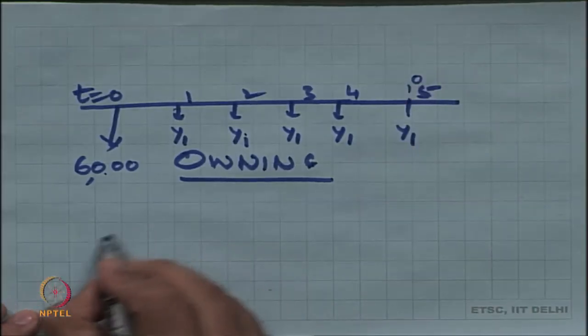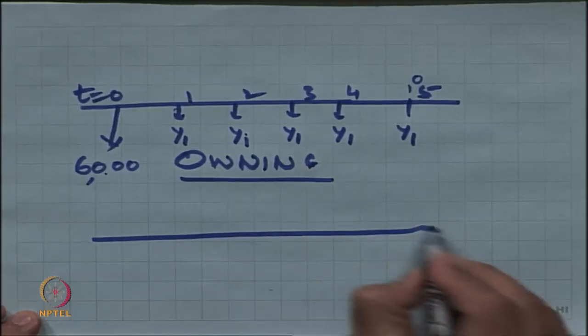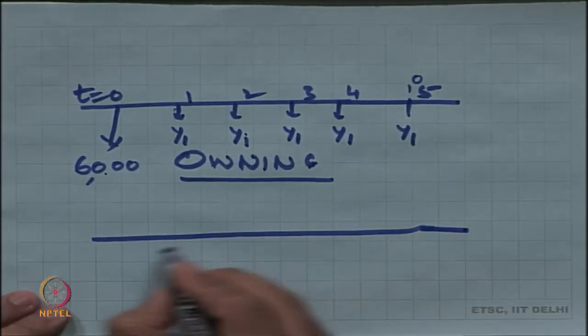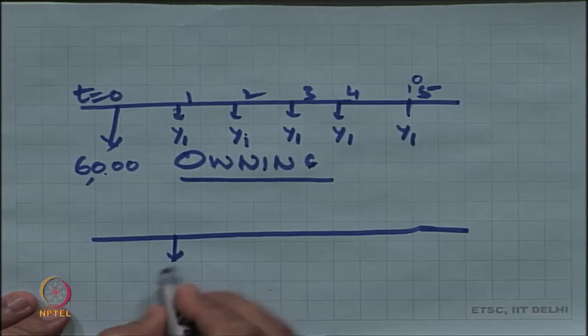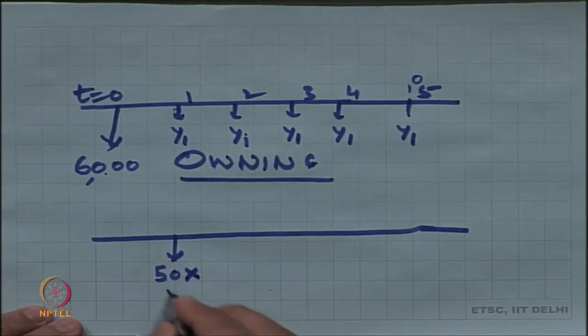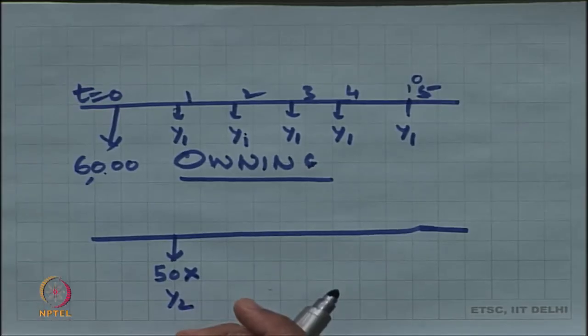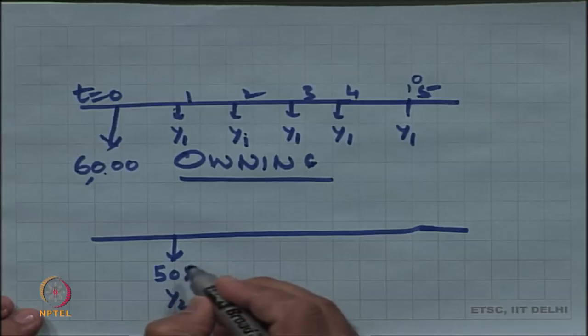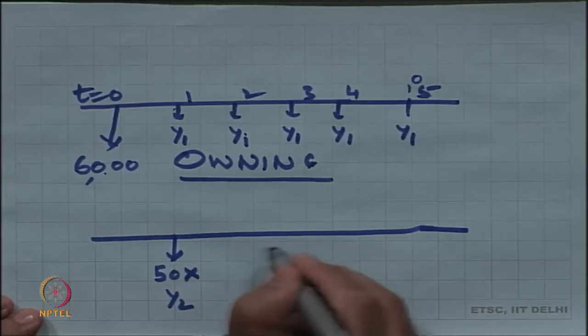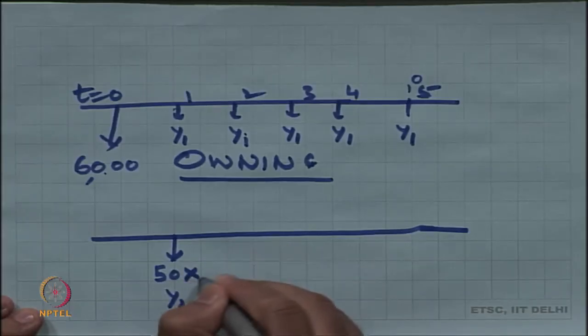On the other hand, for renting option, at time t is equal to 0, you do not have to do anything. 50x is given and y2 is given. So, if you remember, on rent these compressors are available for $50 per day.